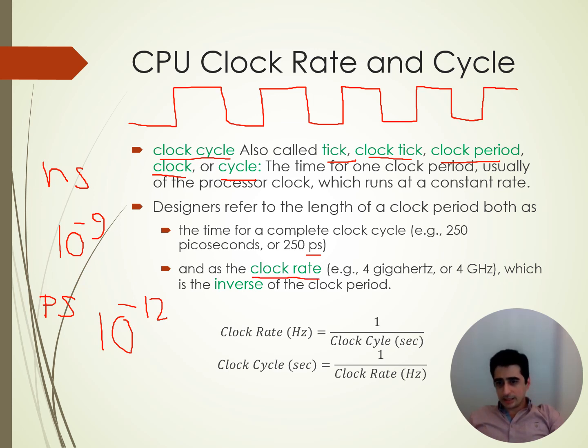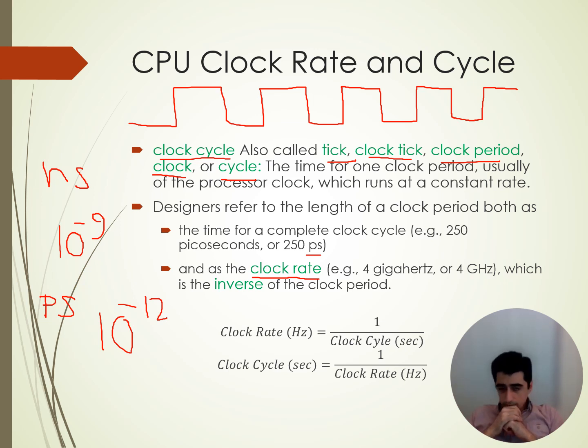Clock rate is the opposite or the inverse of the clock period. Clock rates are measured using hertz, which means 1 hertz is 1 over a second.